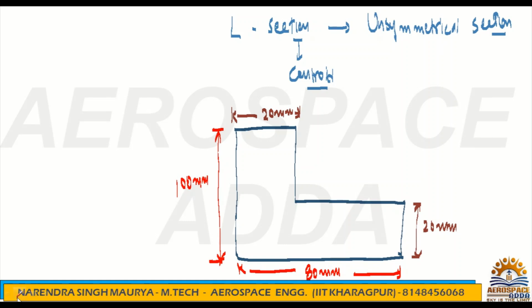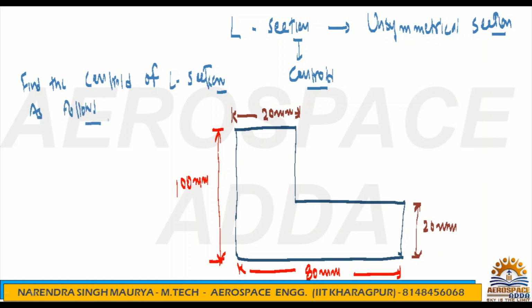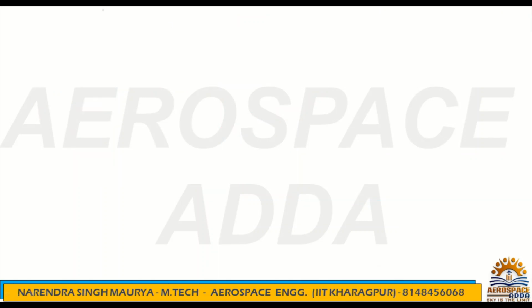How many sections do we have for this particular one? 2. So we'll try to find the CG location for this L section. Write: find the centroid of L section as follows.